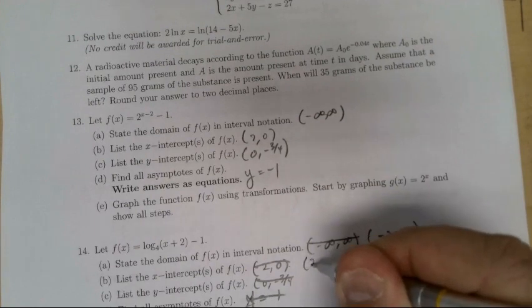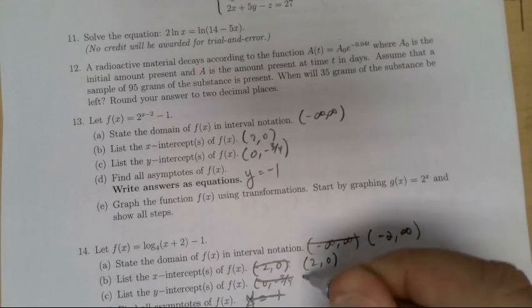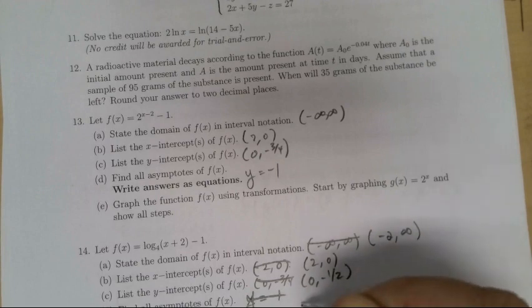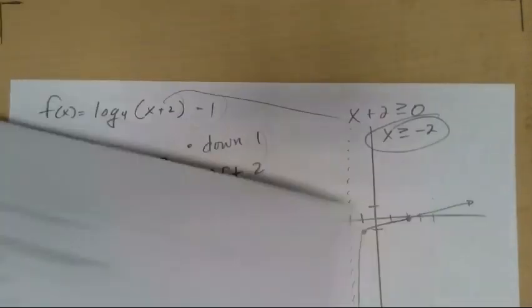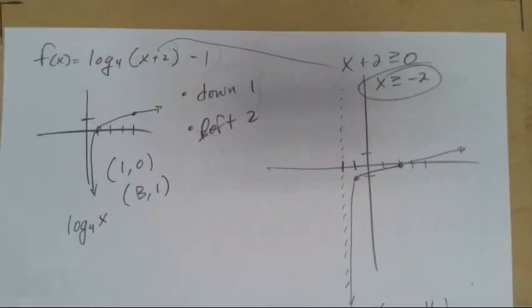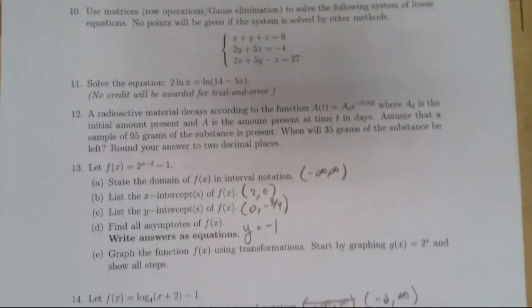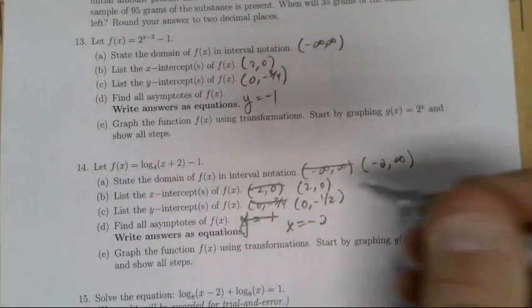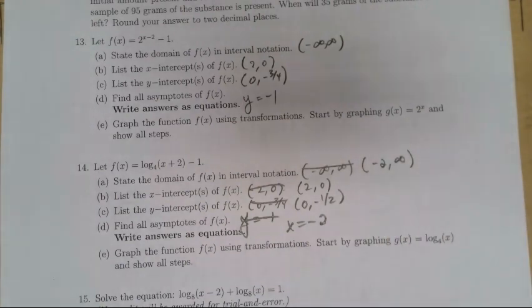The x-intercept was 2, 0. The y-intercept was 0, -1/2. The asymptote was at x equals -2. And then I graphed the function.